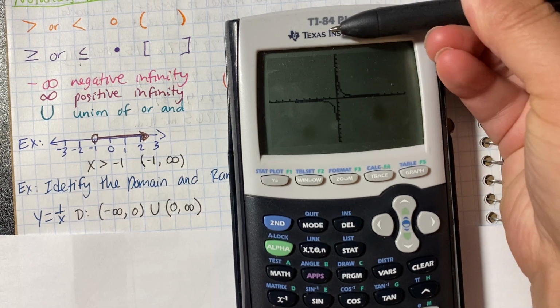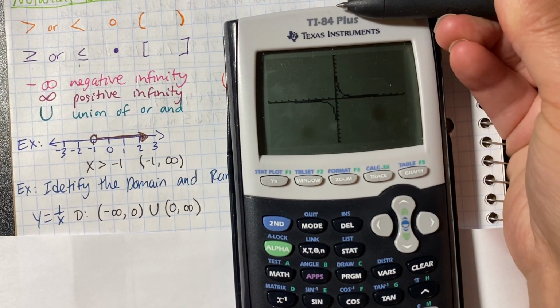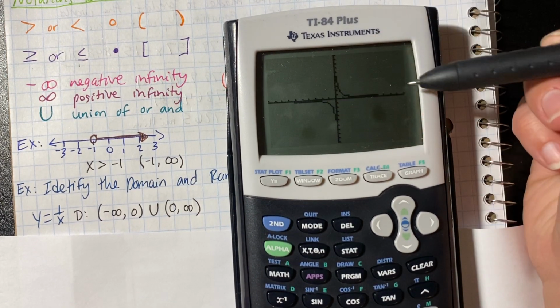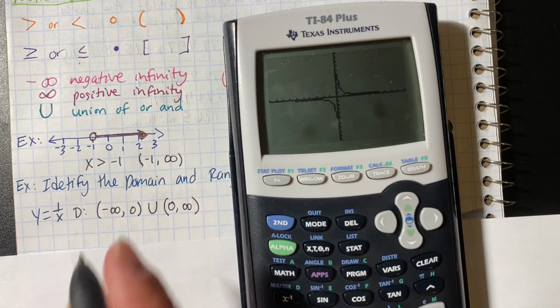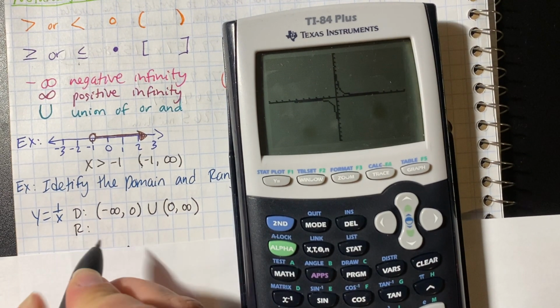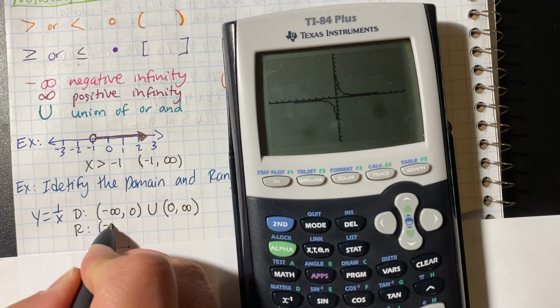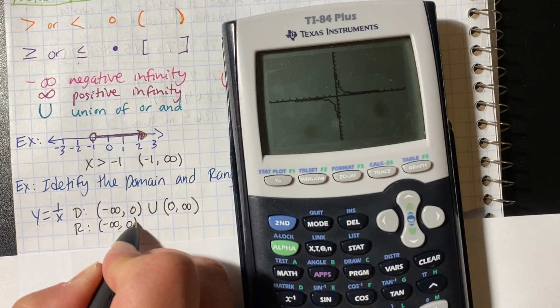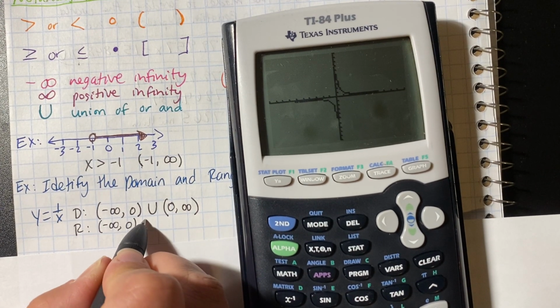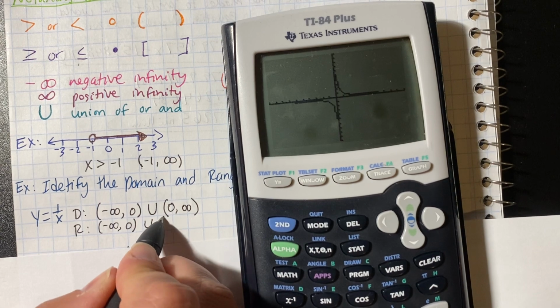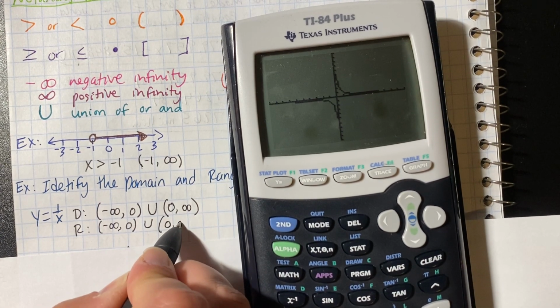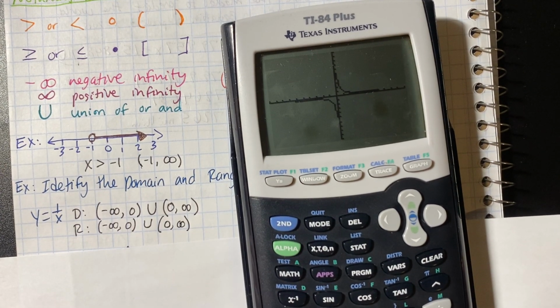Okay, and it looks like our range is the same. It goes to infinity, -infinity, but doesn't have 0. So we're going to say that our range is the exact same. -infinity, we don't include 0, so we have a parenthesis. This means we want both of these things. Okay.